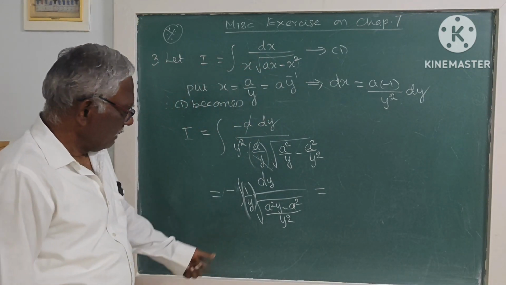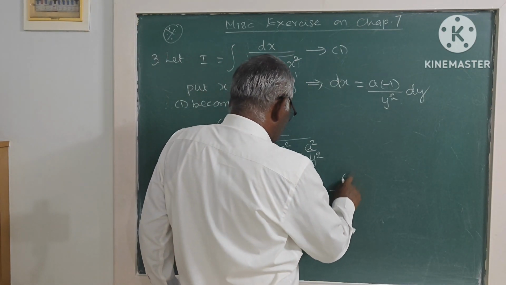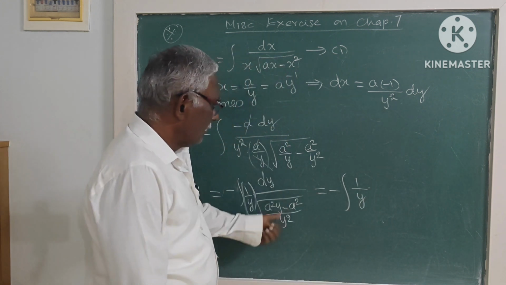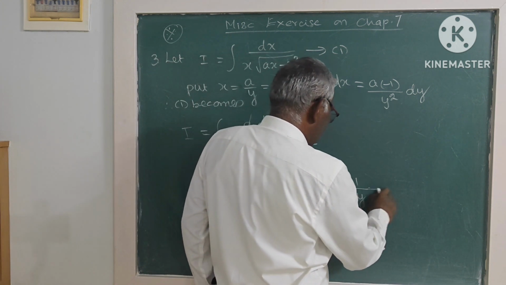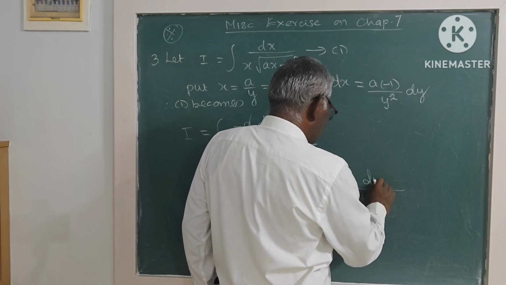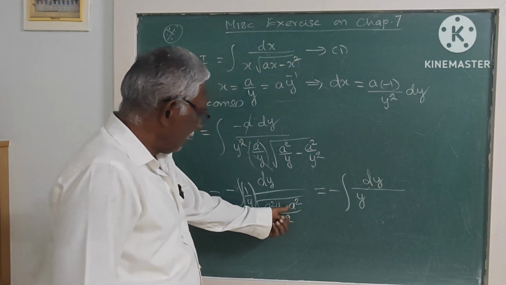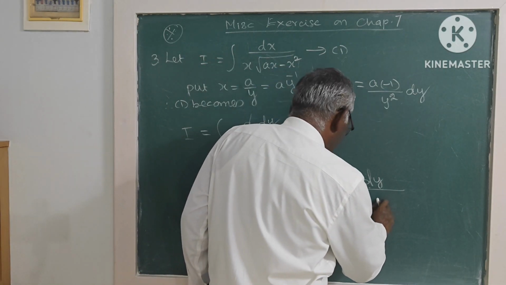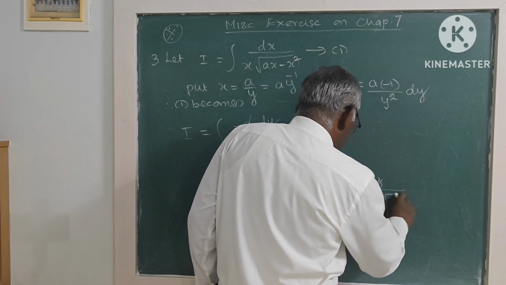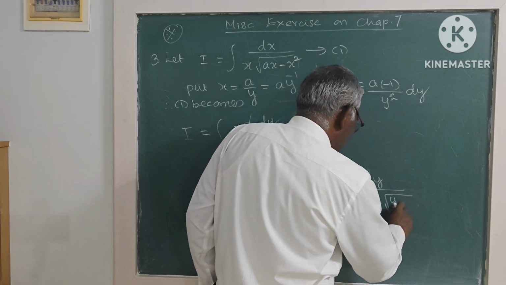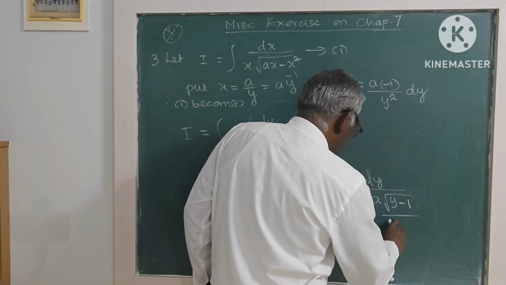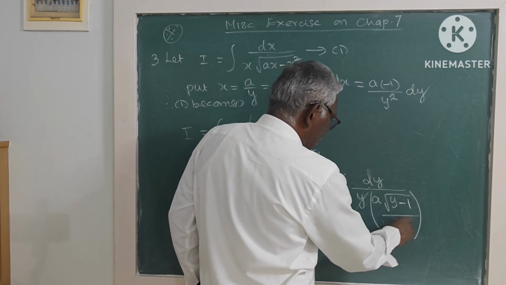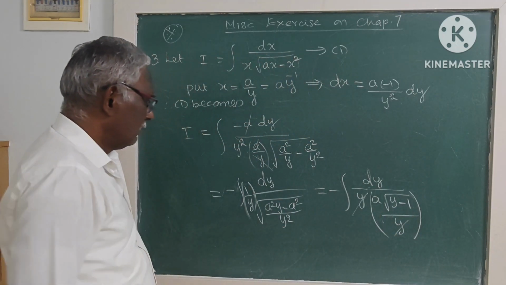What becomes a minus, the integral of 1 by y, again there is dy by y. Now you can take a square outside, then that will become a into square root of (y minus 1) by y. Now this y and this y get cancelled.